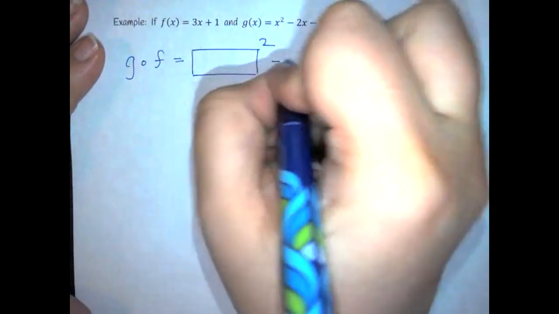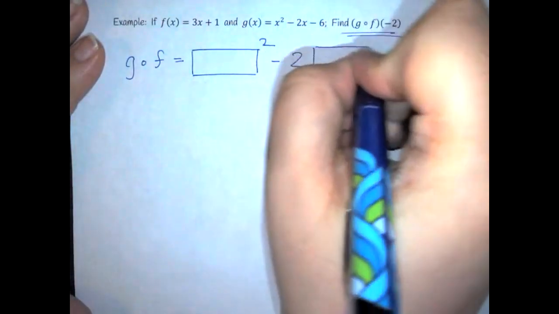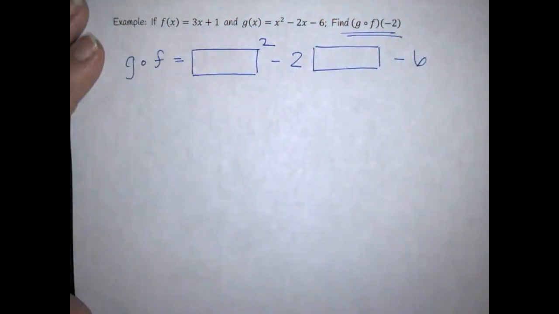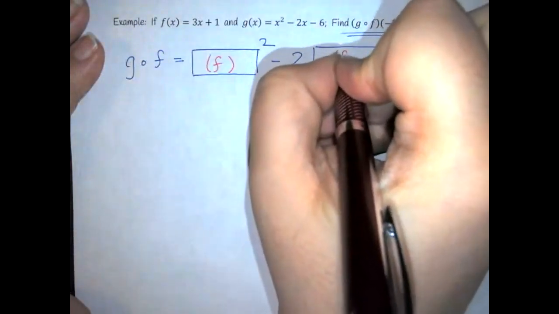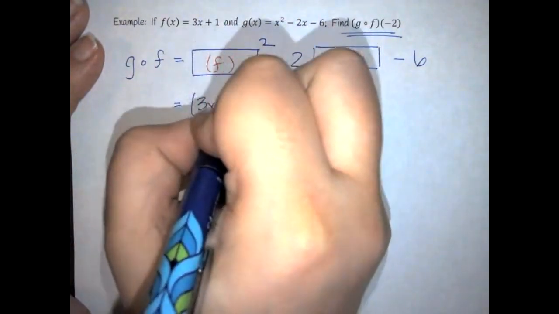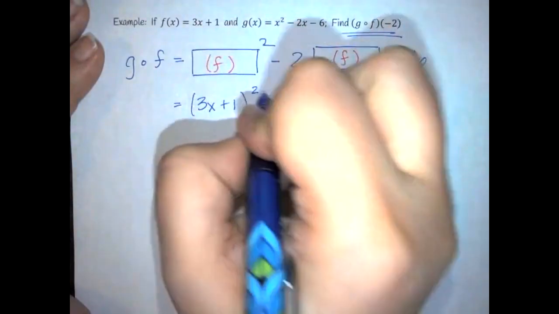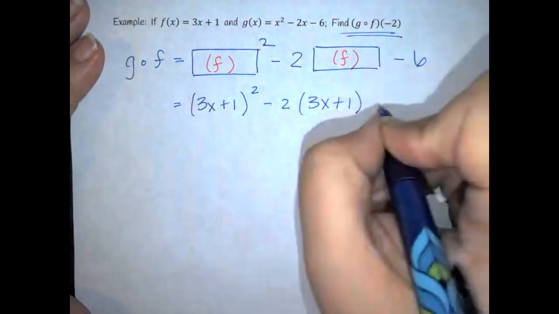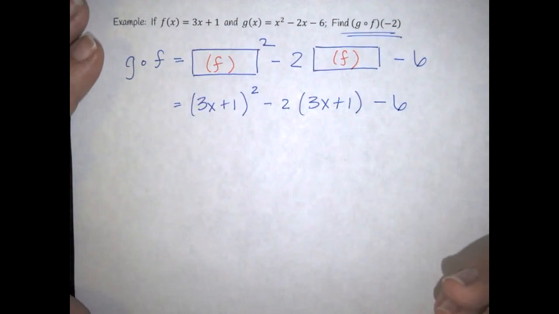So this is going to be something squared minus 2 times something minus 6. And remember, what's supposed to go in here is my f term. So this is going to be my (3x plus 1) squared minus 2 times my (3x plus 1) minus 6.